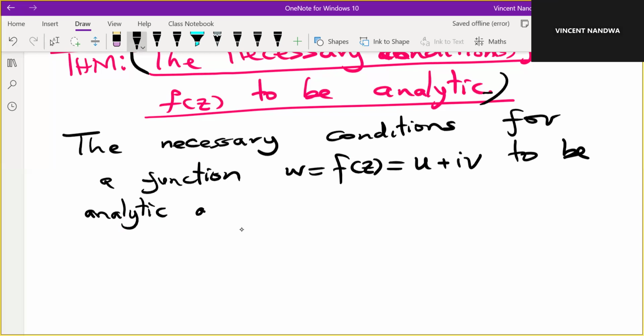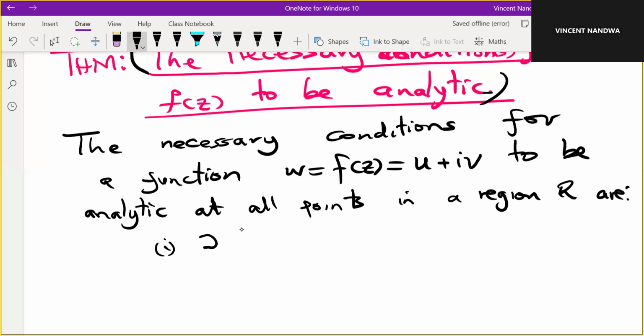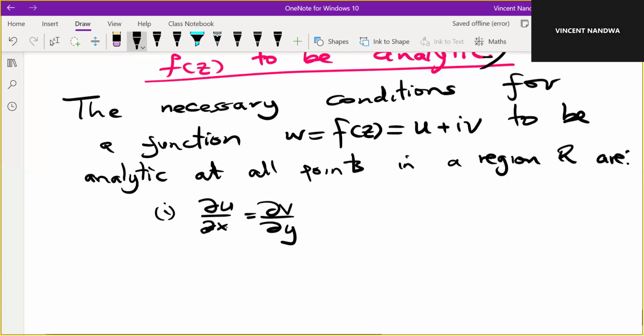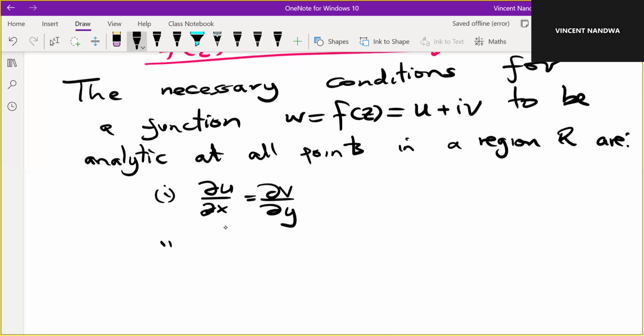to be analytic at all points in a region R: one, partial u partial x is equal to partial v partial y, and two, partial u partial y is minus partial v partial x, provided that these partial derivatives exist.